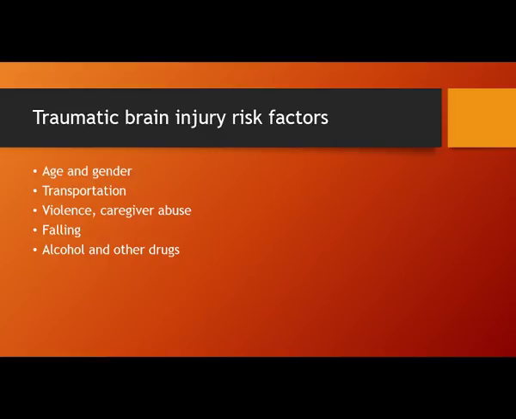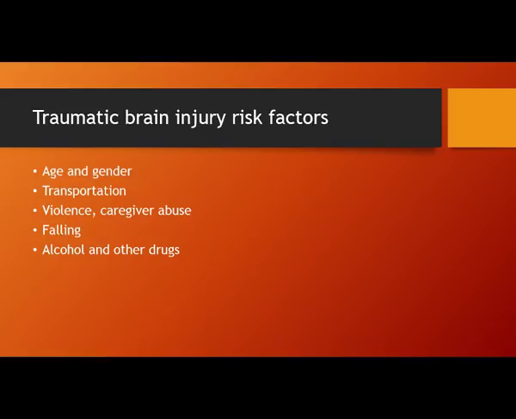Violence and caregiver abuse. That could be children who are left with caregivers that are abusive and hit them in the head or shake them and cause brain injuries, by just shaking in babies, or older adults too that are subjected to caregiver abuse.